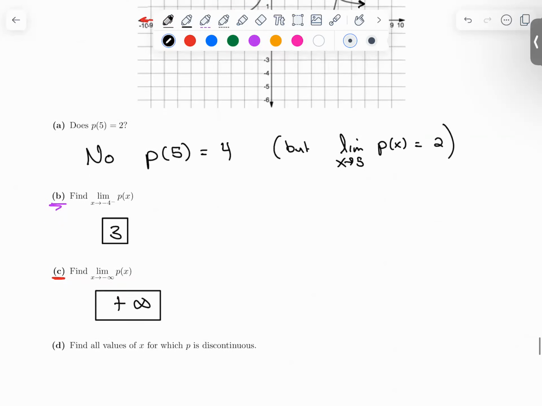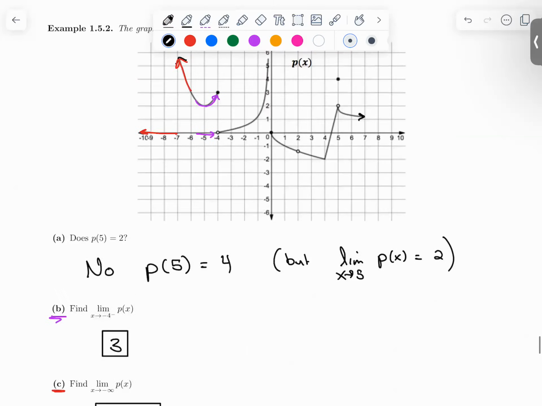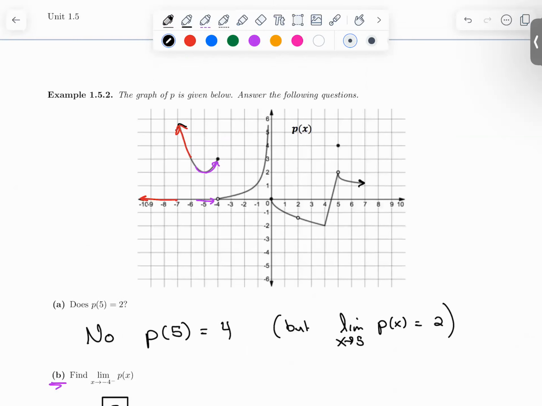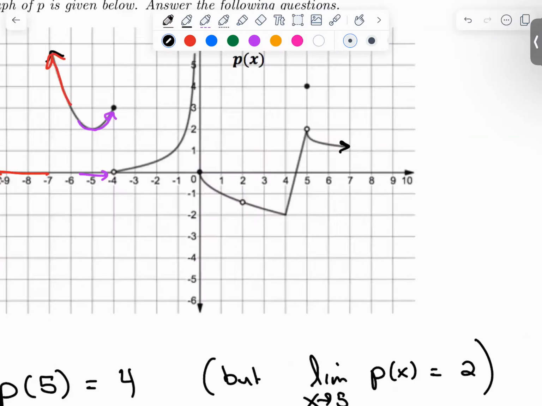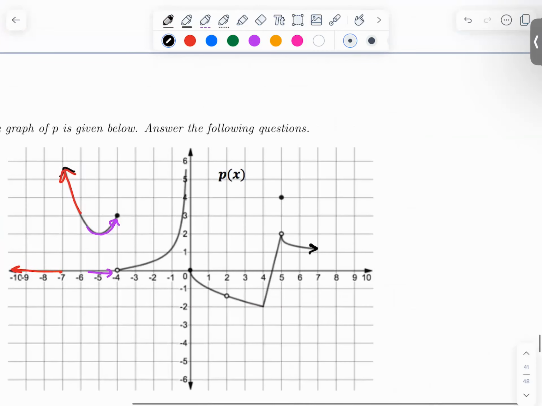Next, very classic example is find all the values of x for which P is discontinuous. So we're going to look at this. And I'm going to write them up here so we can see it together. What values is it discontinuous at? Feel free to say them, you don't need to do them in order. 2 is one of them. -4 is one of them because the limit does not exist. 0 because you got an infinite limit. 2, Esrom said 2.